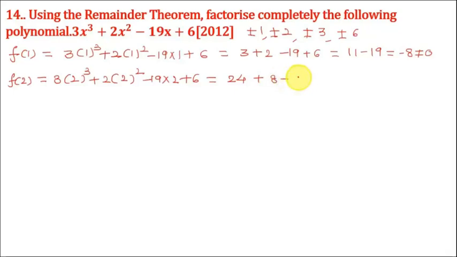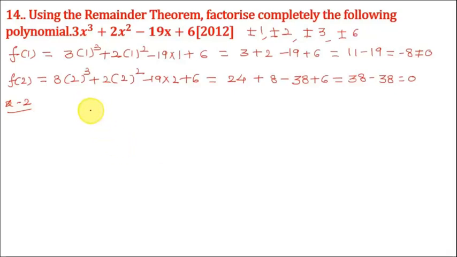Minus 19 into 2 is minus 38, plus 6. Now the addition: 24 plus 8 is 32, plus 6 is 38, and plus 38 and minus 38 get cancelled. That equals 0. Hence the first factor is x minus 2.